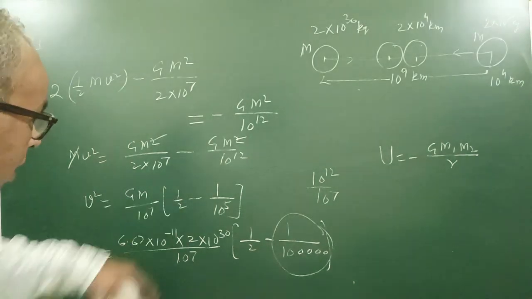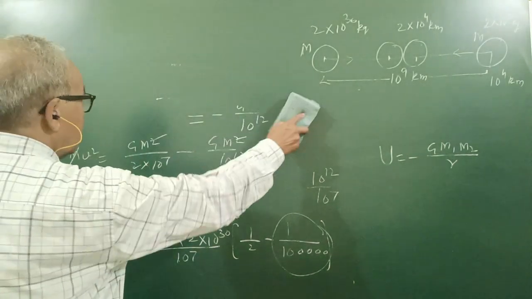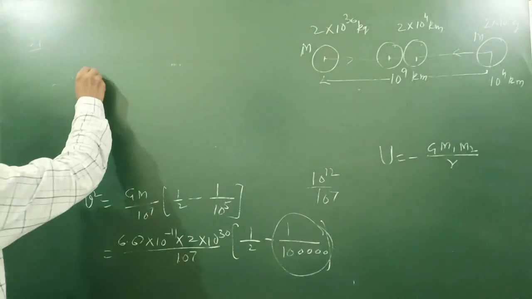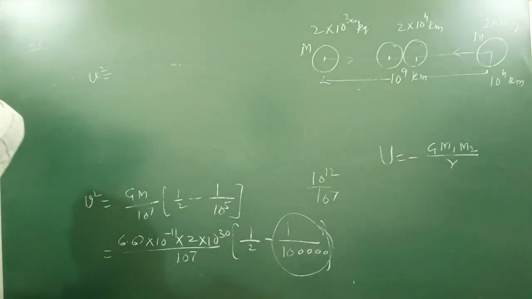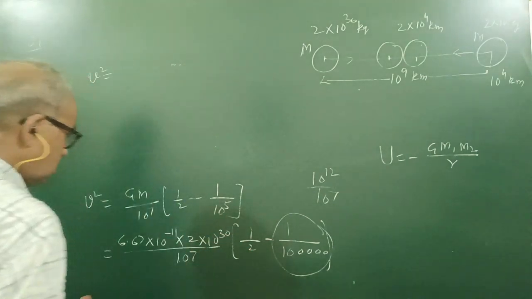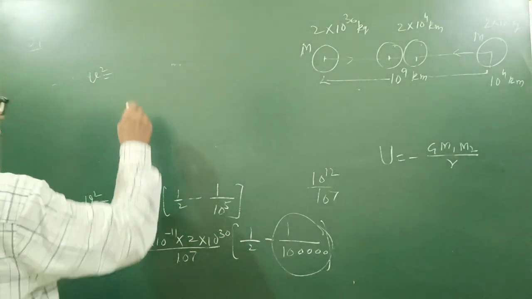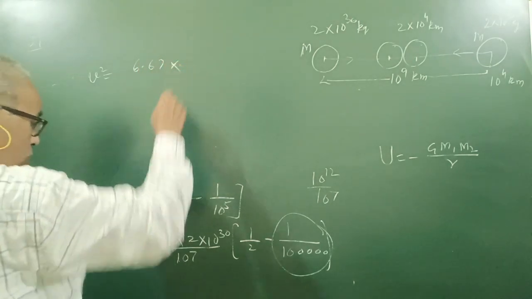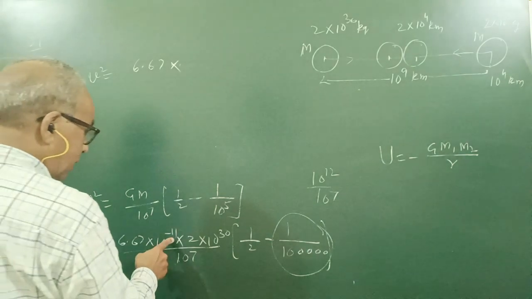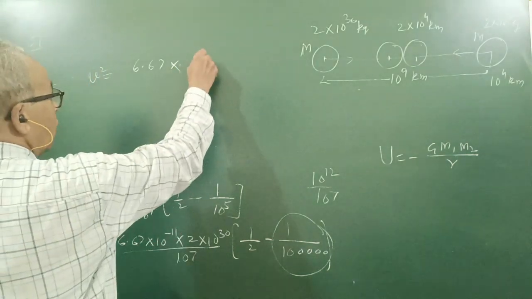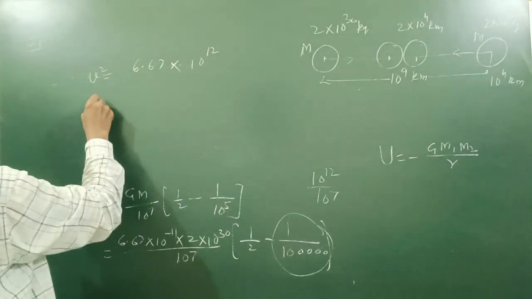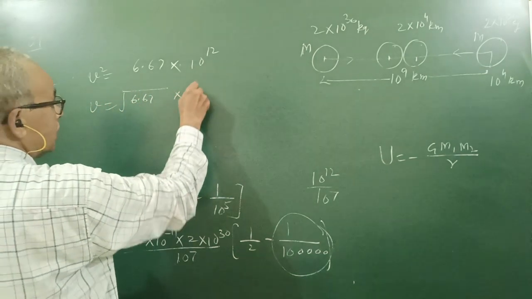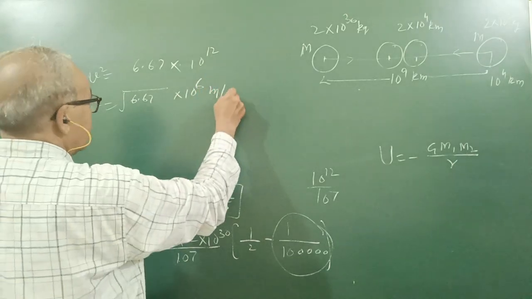So neglecting 1 upon 10 to the power 5, you will get v square equal to, this 2 gets cancelled, 6.67 into 10 to the power 18 to 10 to the power 12. So v equals under root 6.67 into 10 to the power 6 meter per second.